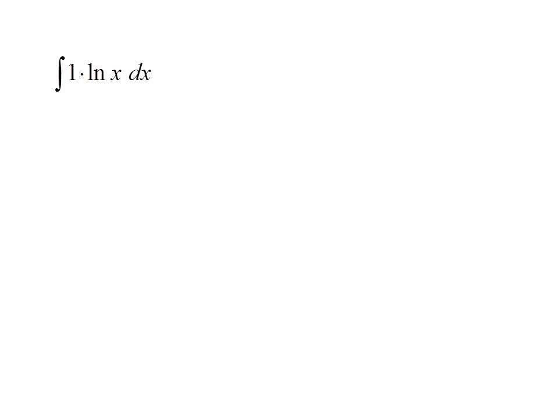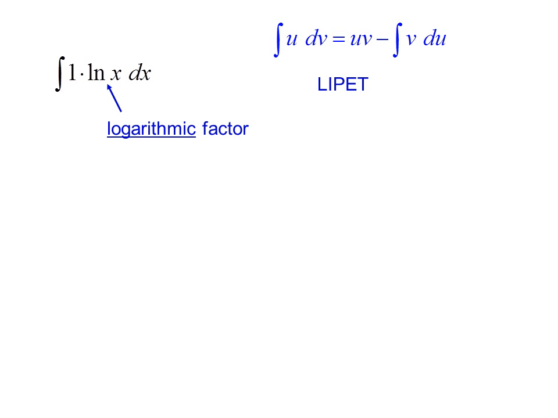Starting with the integral of 1 times ln x dx, we use the acronym LIPIT to choose u. We notice a logarithmic factor, and logarithmic factors come before polynomial factors, and 1 is a simple polynomial.